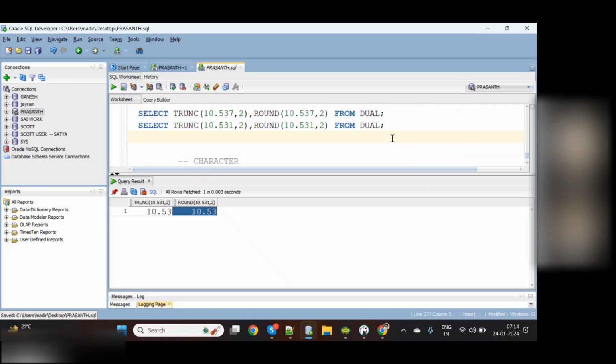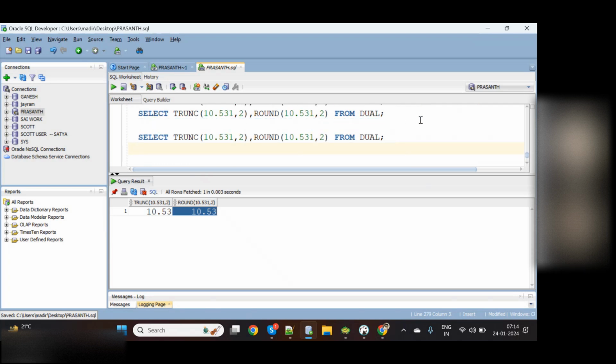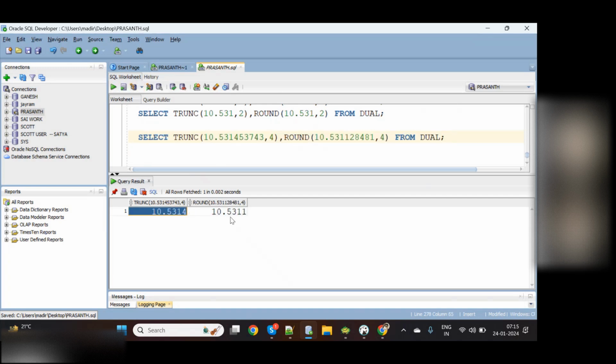Now I have taken here 2 only. If you want up to fourth decimal part, yes, you can. That sort of argument you want. Clear now?